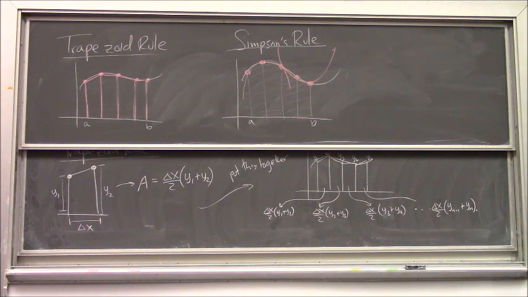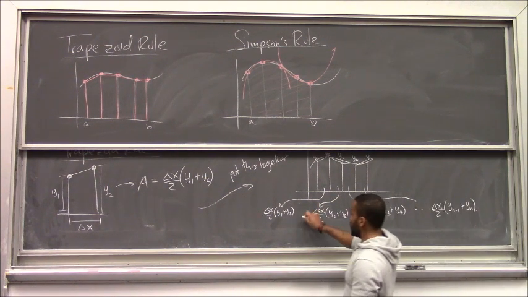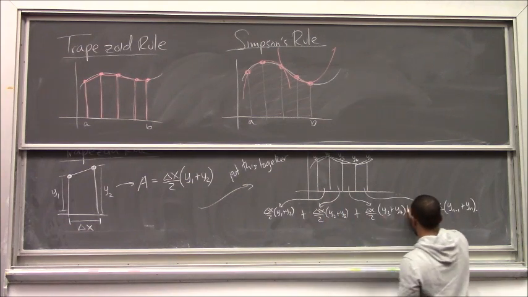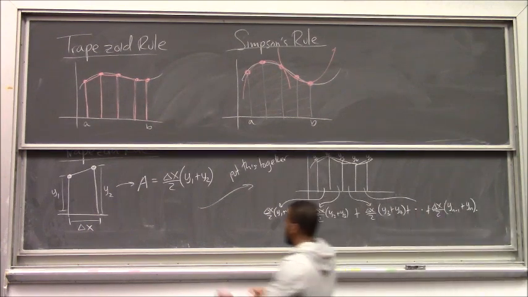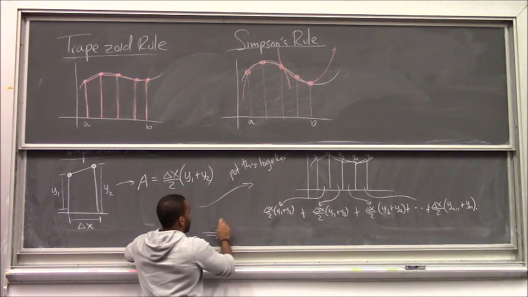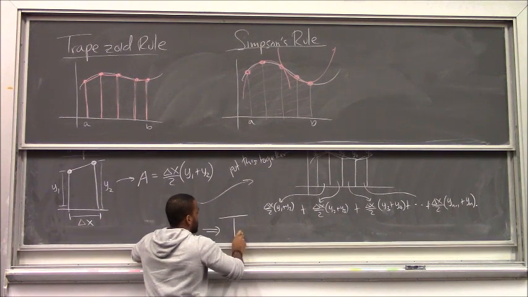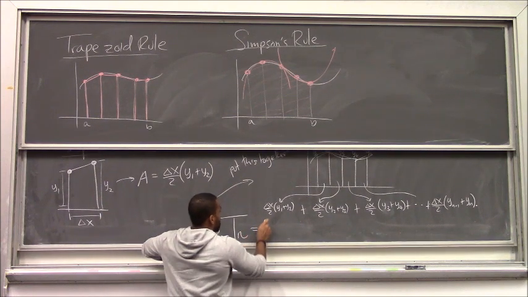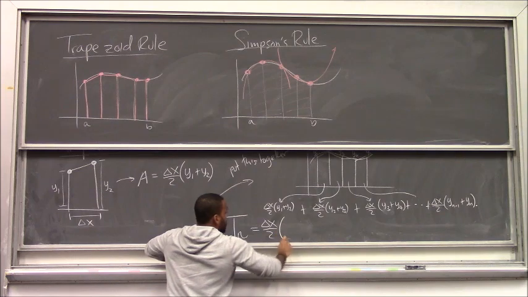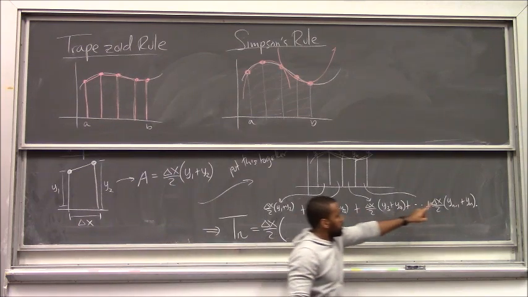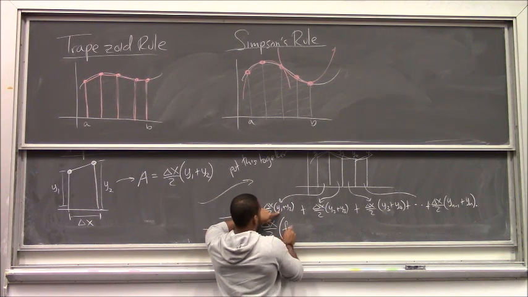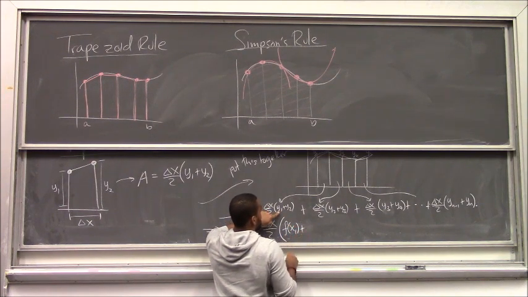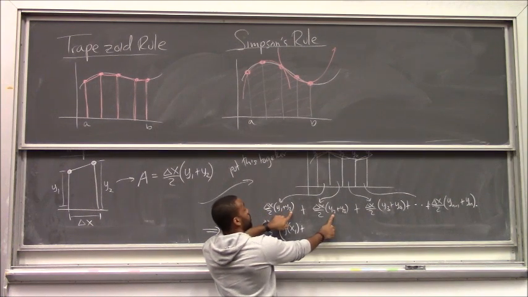Right? Now, you just add up all these areas. That's what we're going to do. So that's the area of the first trapezoid, plus the area of the second, plus the area of the third, plus the area of the fourth, so on and so forth. And what you end up with is the trapezoid approximation, with n subintervals, ends up being delta x over 2, which is a common factor in all of these. And notice now that you have your y1, which we can think of as f of x1, plus y2s, you're going to have 2 of those.